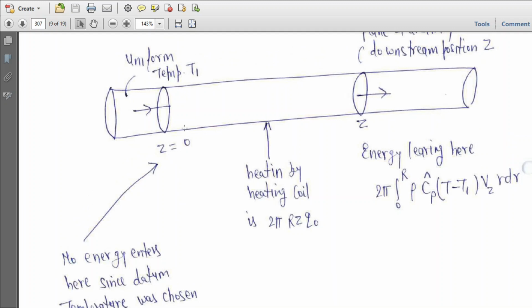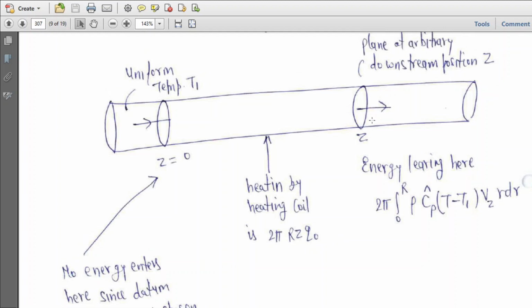Heating is being done by some means of a coil, so that you are maintaining this particular tube all the time at constant flux q naught. So the total energy transferred to the pipe is 2 pi R z times q naught.